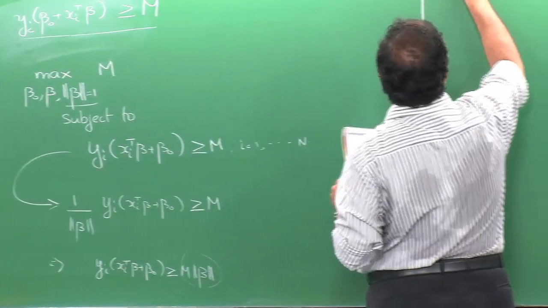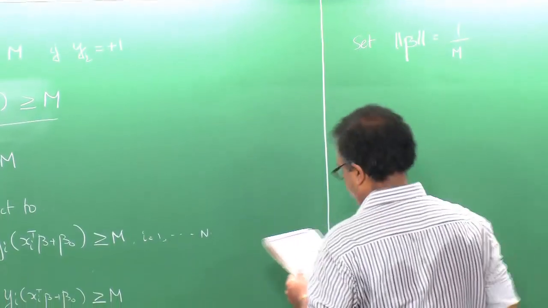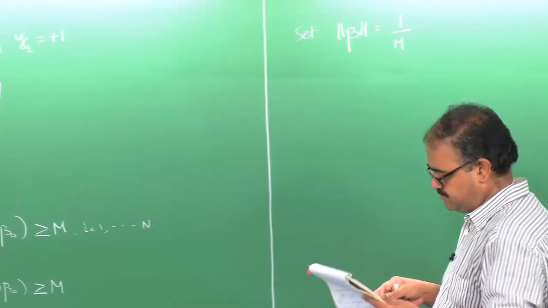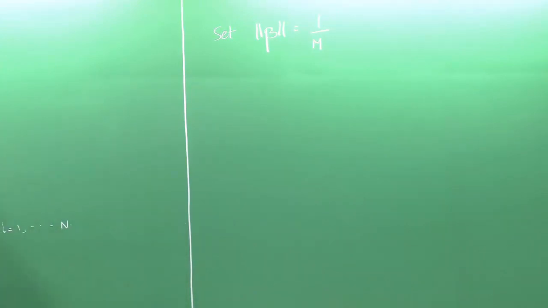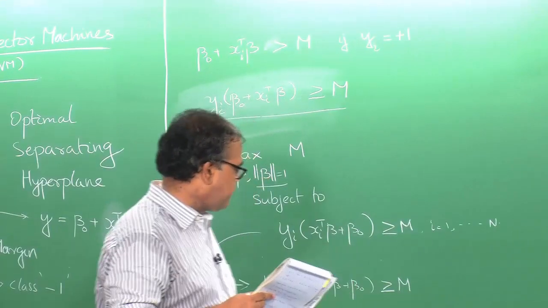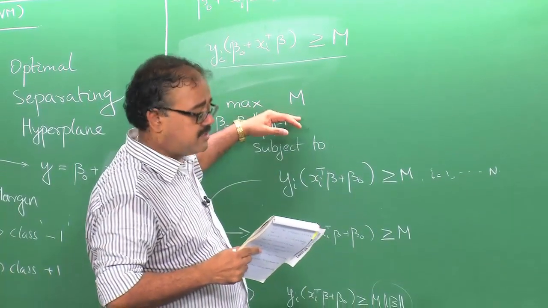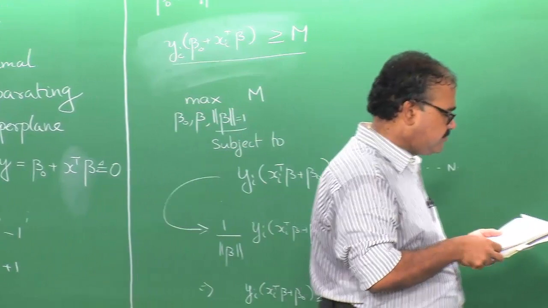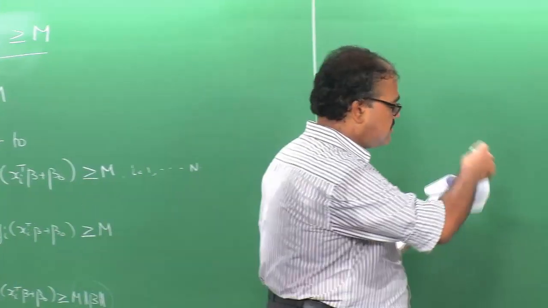So, I set norm beta equal to 1 by m, so that this constraint becomes y i x i transpose beta is greater than or equal to 1, subject to the constraint that you are finding the smallest such beta.